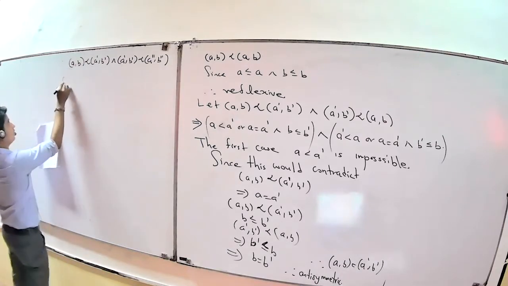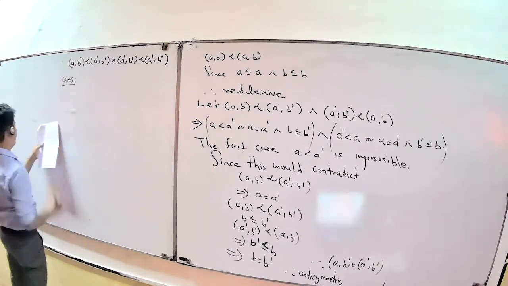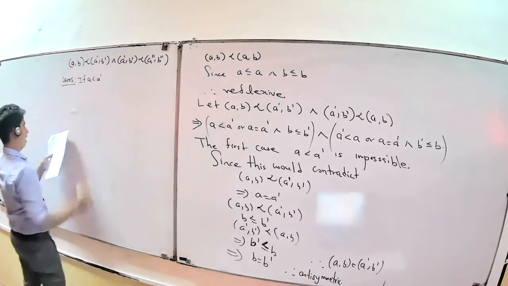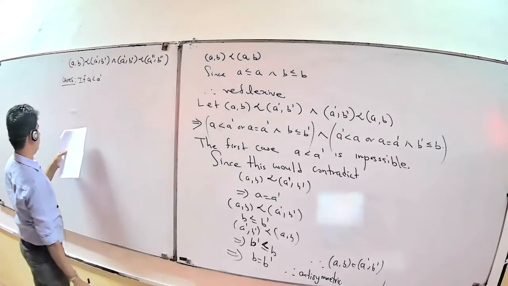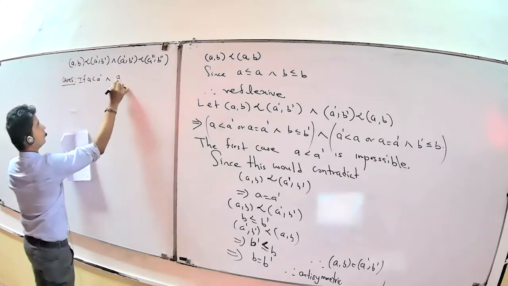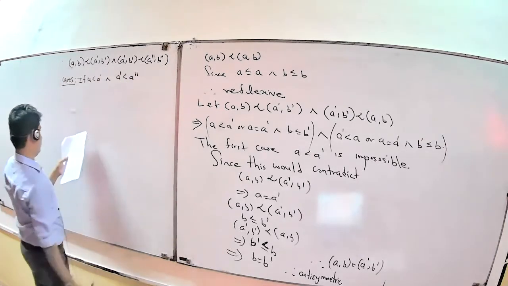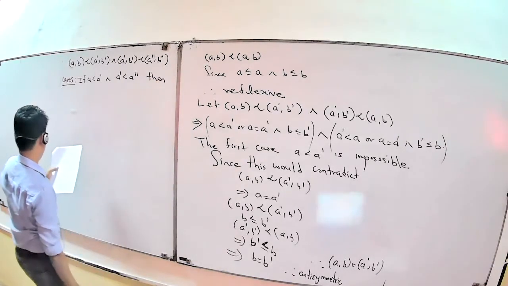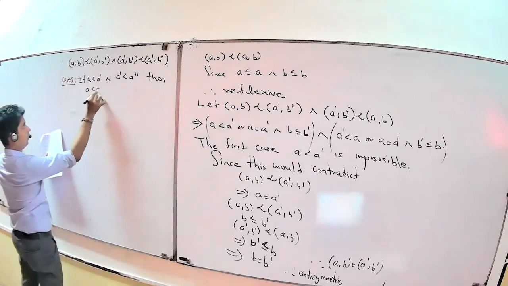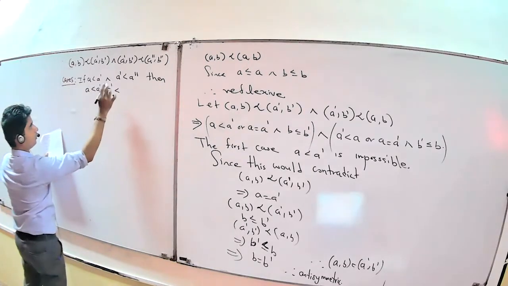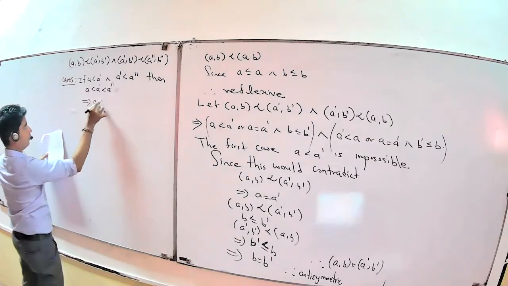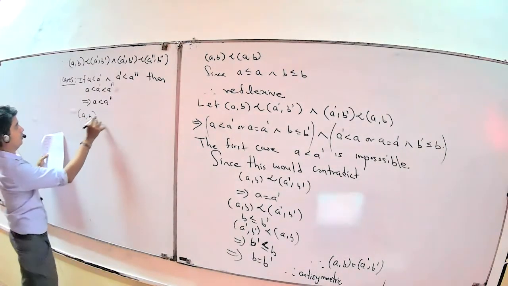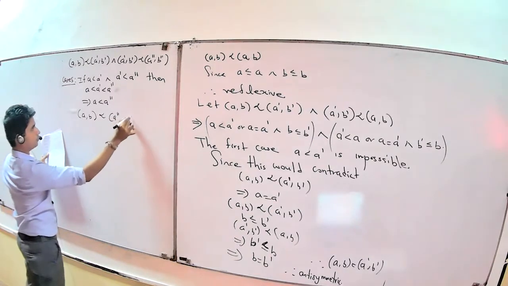Case one: if A less than A dash, and A dash less than A double dash, then you can have A less than A dash less than A double dash. You can have A less than A double dash. This means A comma B is related to A double dash B double dash.